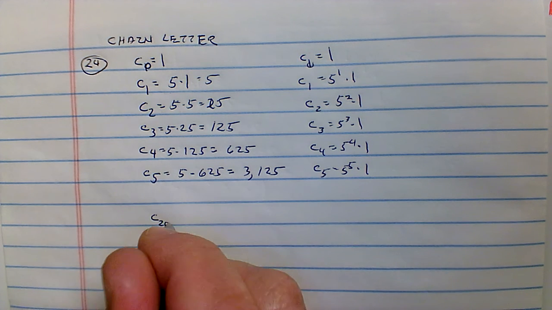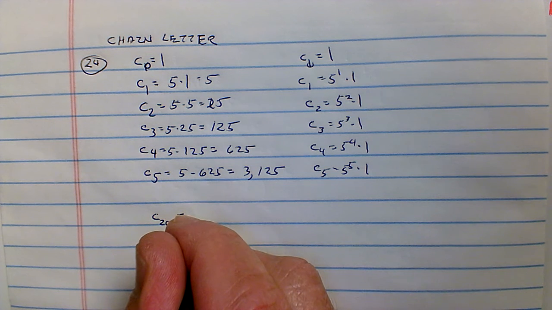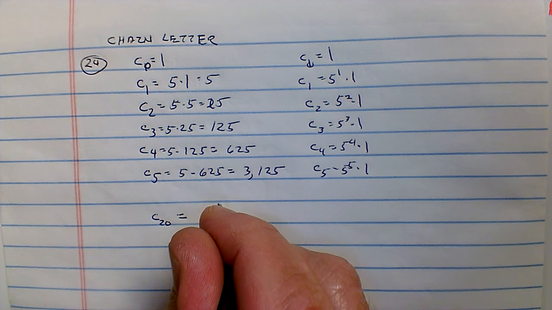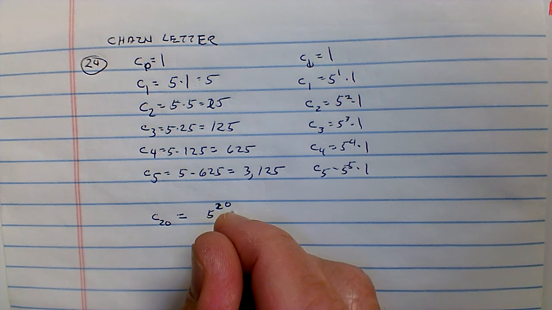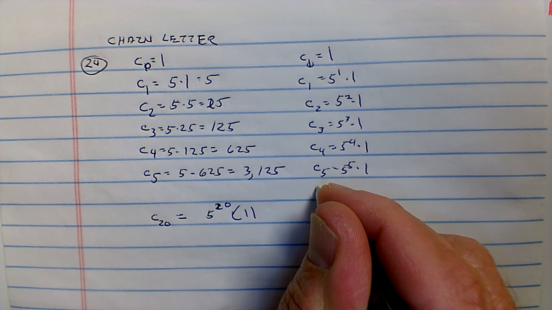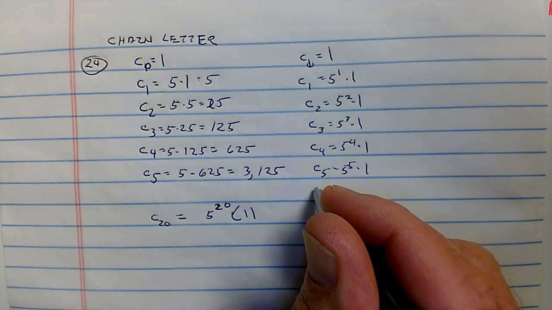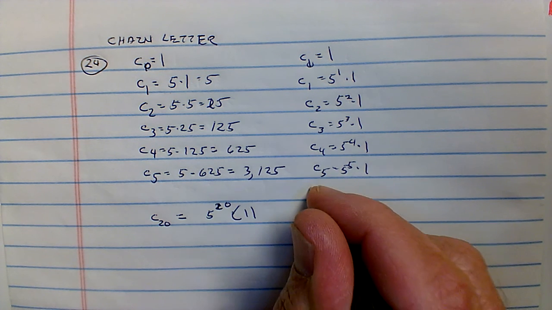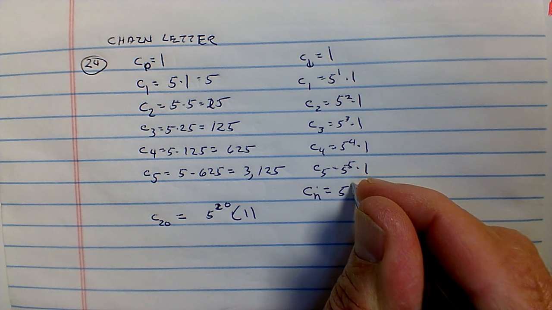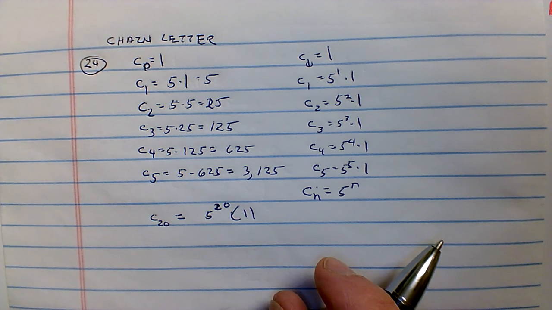But do notice how this thing works as you go along. If you were to go out to the 20th time using this pattern, that's going to be 5 to the 20th times 1, because our geometric sequence, and we should have identified this as a geometric sequence, is that C sub n is equal to 5 to the n.